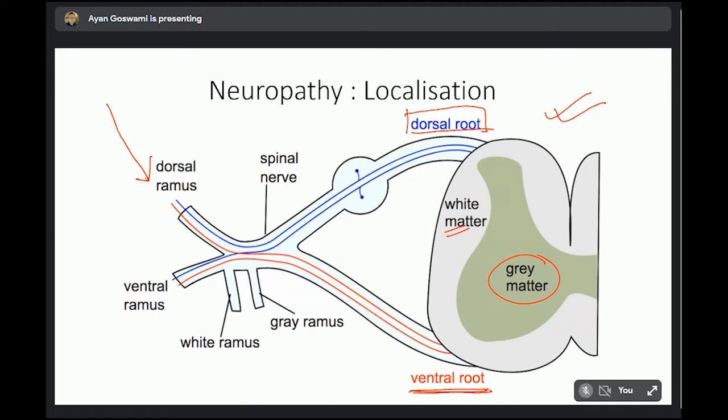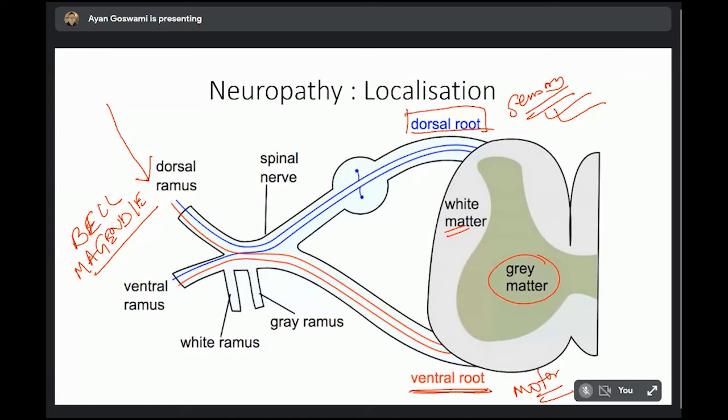So in this spinal cord, one law is there. That law is called Bell-Magendie's law. According to this Bell-Magendie's law, in this spinal cord, dorsal root is sensory and ventral root is motor, right? Dorsal root is sensory and ventral root is motor.